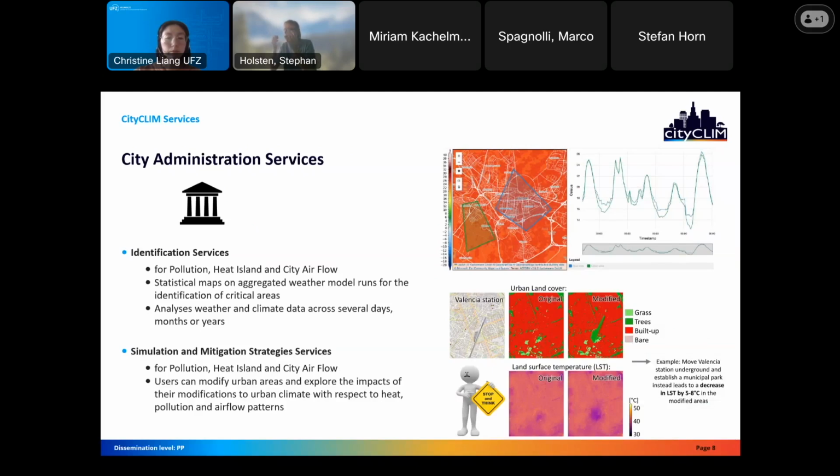For example, they can simulate, if I build a park in a certain area, what would be the effect of this park on the surroundings. If I remove a big house or a skyscraper, what would be the impact regarding the airflow? Such simulation and mitigation strategies will certainly have a big impact on the planning activity of a city.